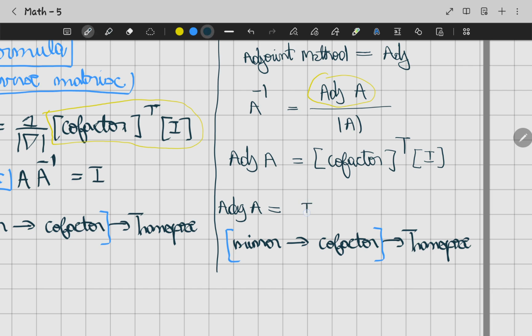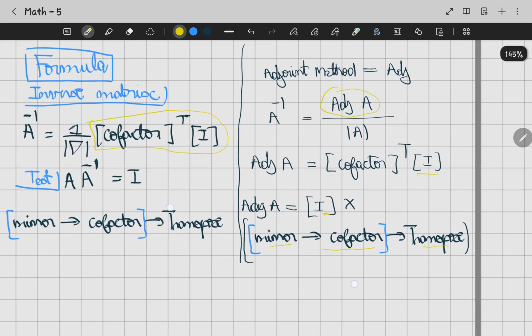All of this is actually the adjoint. It will be a multiplication of the unknown times the minor, cofactors and transposition of the matrix, then we get the adjoint of a matrix.